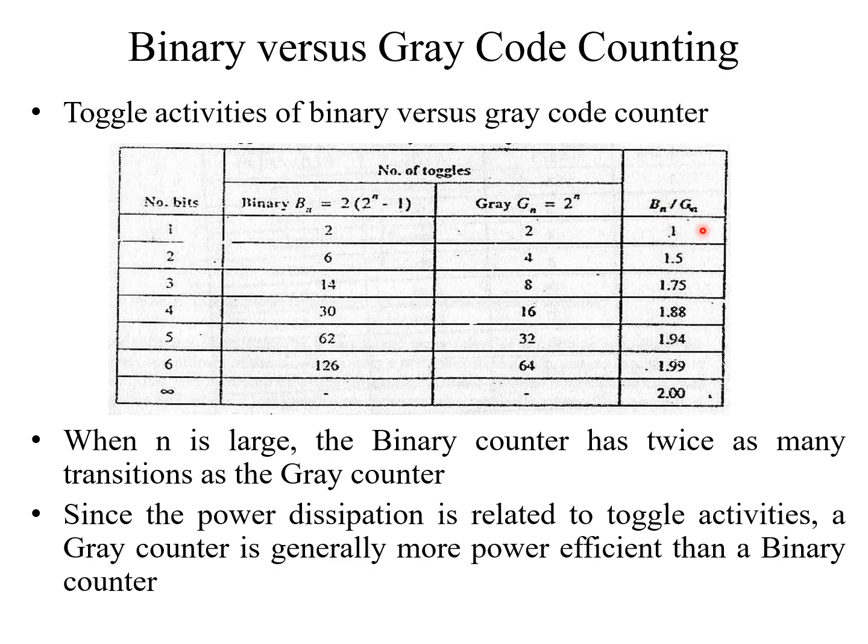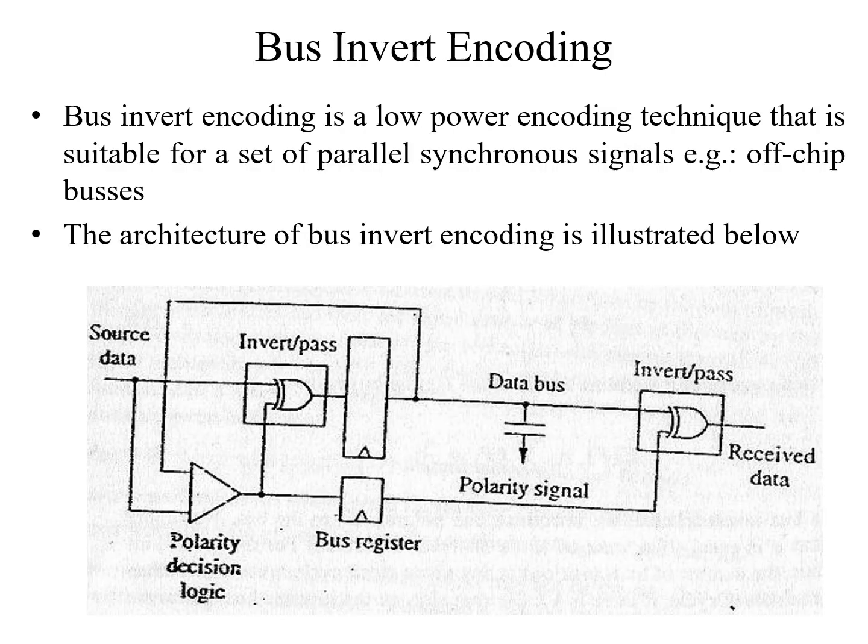So Bn divided by Gn, you look at the ratio: when n is large, the binary counter has twice as many transitions as the gray counter. Since the power dissipation is related to toggle activities, a gray counter is generally more power efficient than a binary counter.